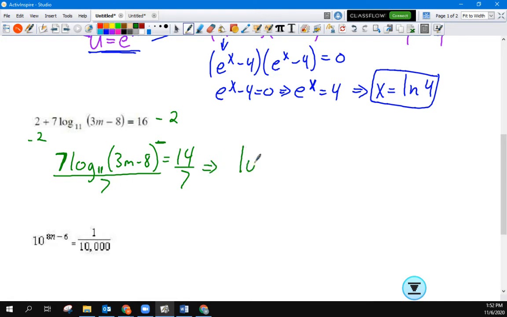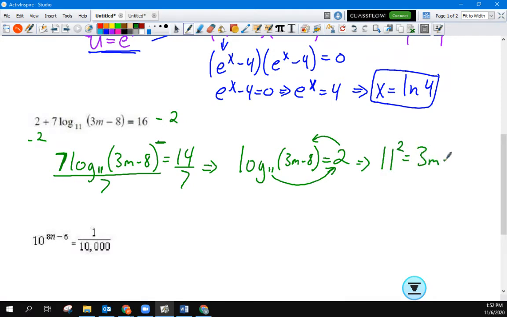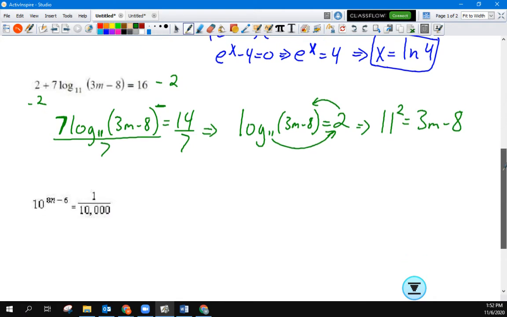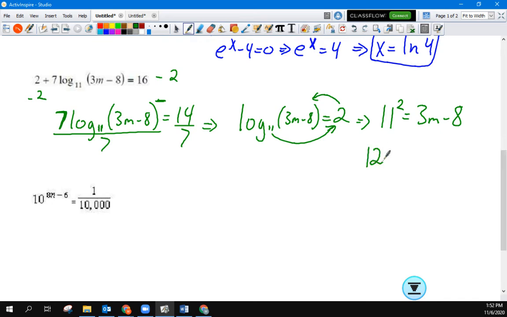And now we've got log base 11 of 3m minus 8 equals 2, which makes things much easier. Now we change it to the exponential form by taking 11 to the second power, equaling that. So we get 11 squared equals 3m minus 8. We all know that 11 squared is 121 equals 3m minus 8.